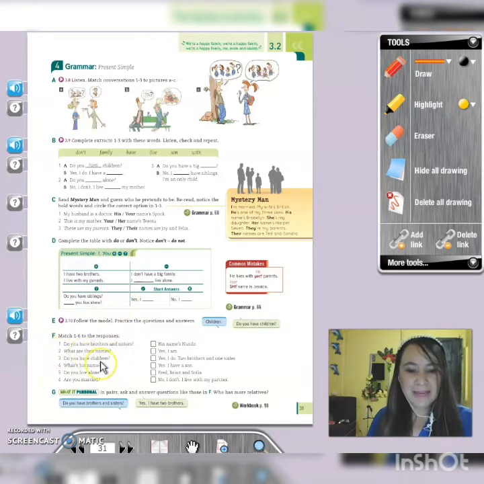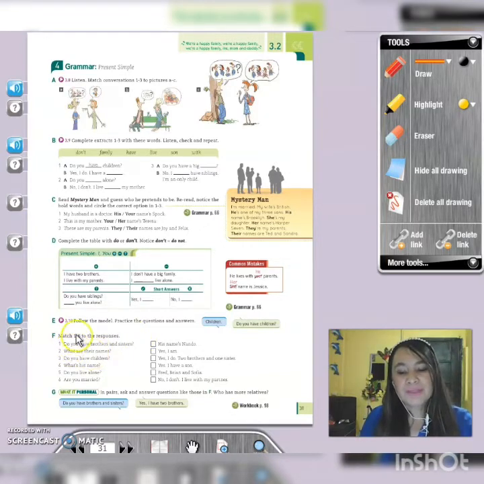Then, the last exercise for this page, number 31, on your English ID, what you have to do is match 1 to 6 to the responses. How many questions do we have here? 6 questions. Think about it and try to answer these questions.